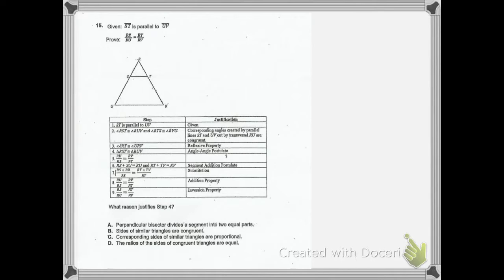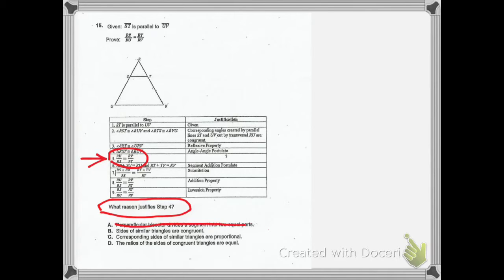15. Given that ST is parallel to UV, prove that RS over RU equals RT over RV. Now remember, when you have equal fractions, those are called proportions. The question wants to know what justifies step 4. So I'm going to identify, that should have been step 5, step 5 here, which is RU over ST equals RV over RT. So if I read my choices, perpendicular bisectors divide segments into two equal parts.